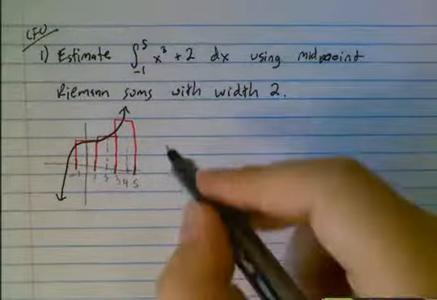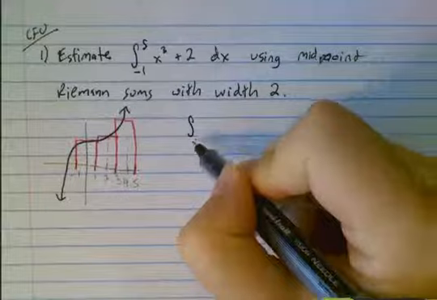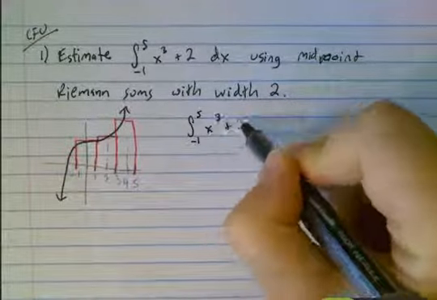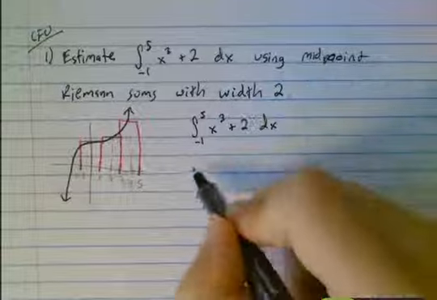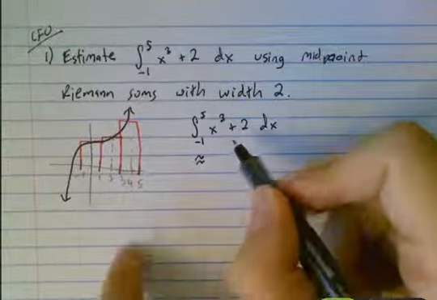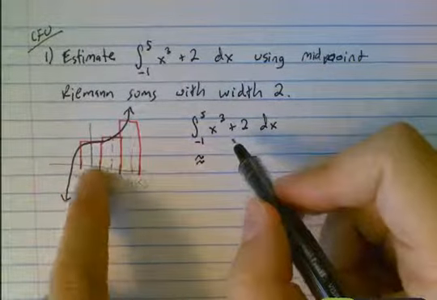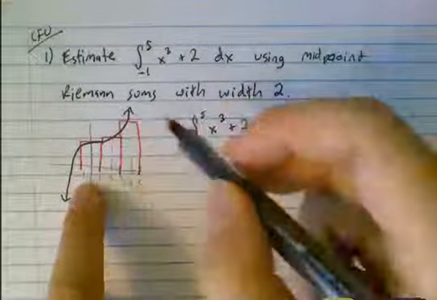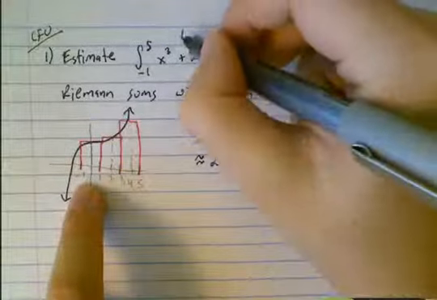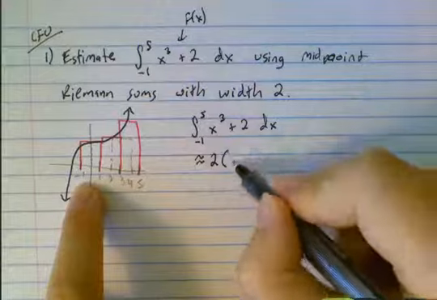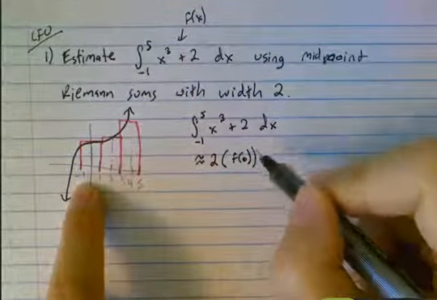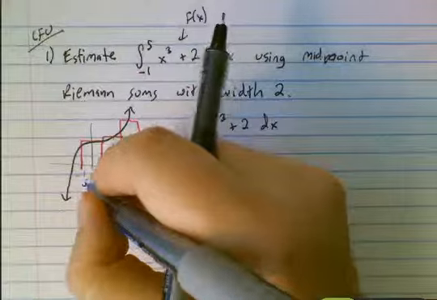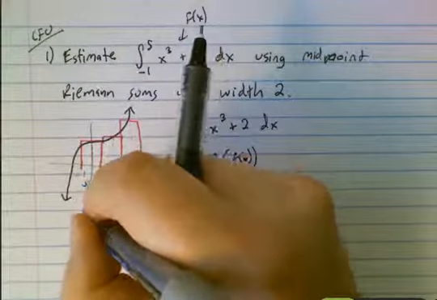So that means that to estimate the integral from negative 1 to 5 of x cubed plus 2 dx, that's going to approximately equal, let's see, the width here is 2. Then this height is going to be f of 0. Let's call this f of x. Where we're getting that from again, this width is 2.